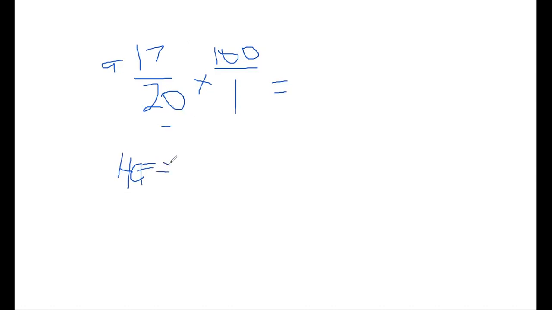So we'll divide this 20 and this 100 right here by 20. So we will have 17 over 1, because 20 divided by 20 equals 1, right? This is me writing the new fractions now.